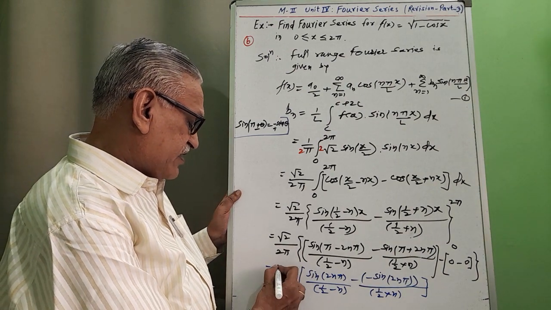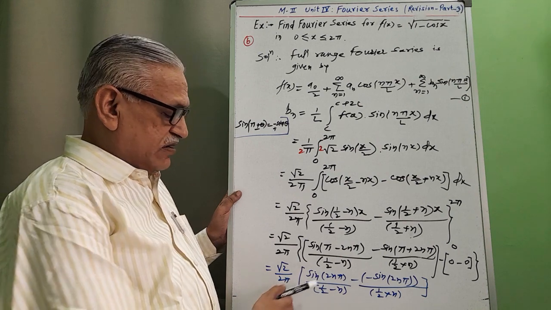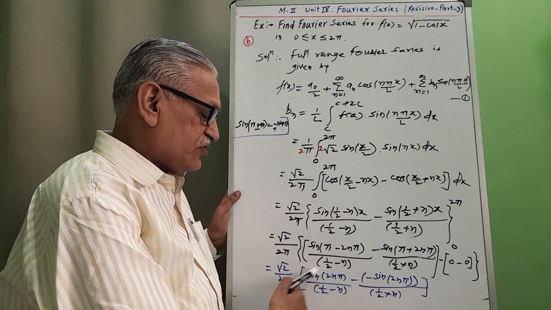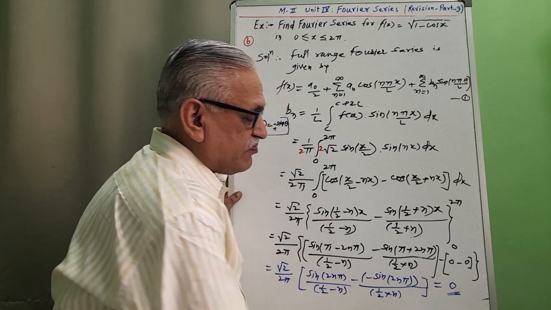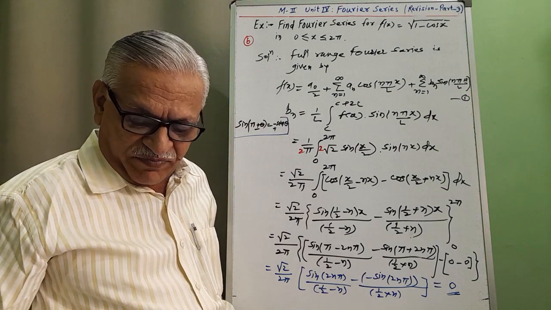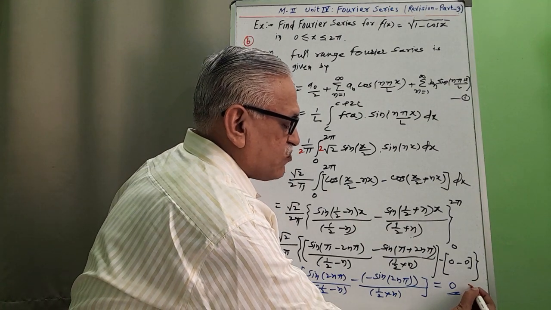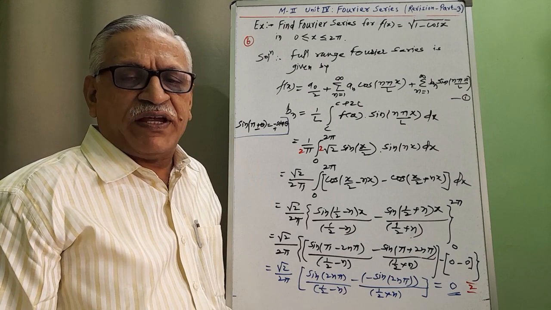The outer term is as it is, that is root 2 divided by 2π. But the value of sine 2nπ is 0. This is also 0. 0 minus 0, we get that value as 0. That is the value for Bn. And for this calculation, you will get 2 marks, 2 marks for the calculation of Bn.